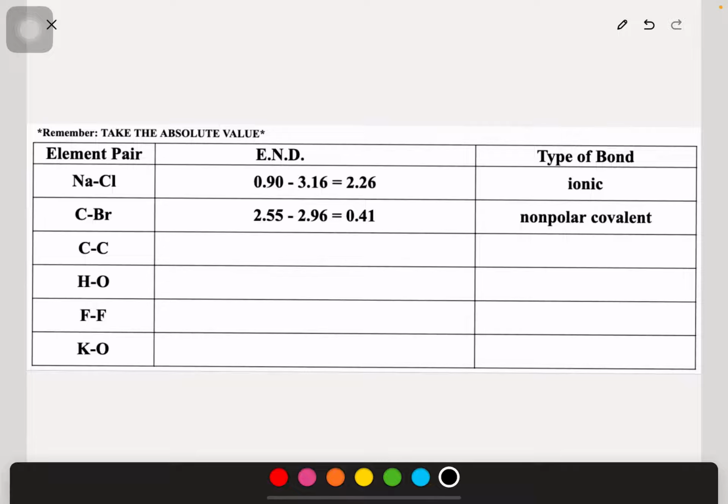Carbon, carbon. This is just like our hydrogen example. If it's two of the same bonded together, then the difference is going to be 0, and that will be nonpolar covalent. Hydrogen and oxygen. 1.24, which would make it polar covalent, because that is above 0.4. Fluorine, fluorine.